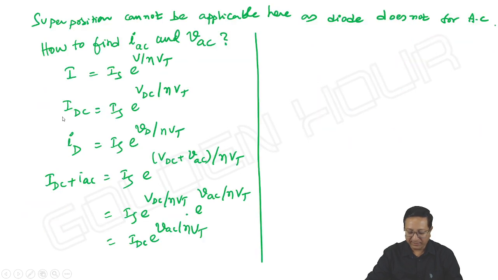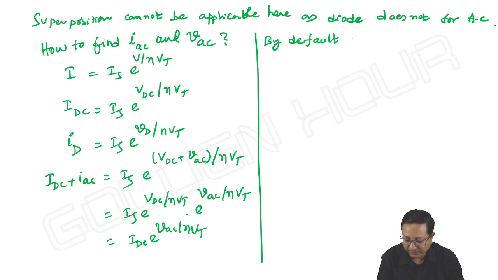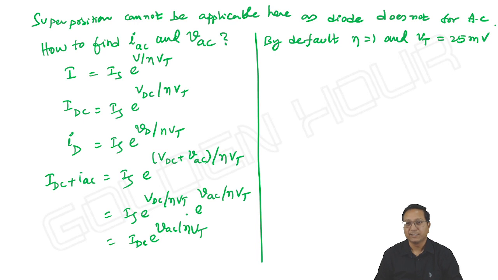Right here in this model, what we take is eta is 1 by default, and Vt is equal to 25 millivolt. Okay.